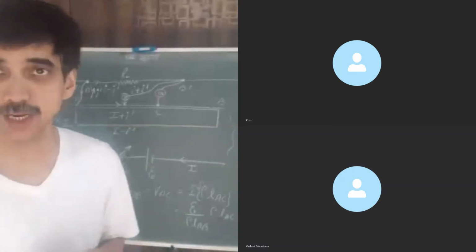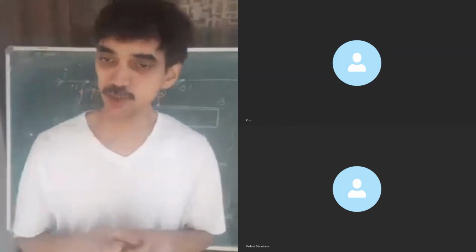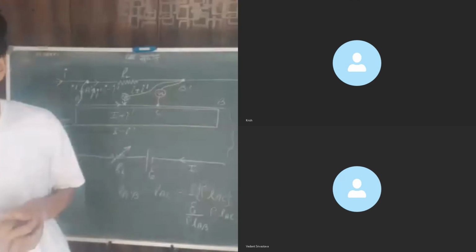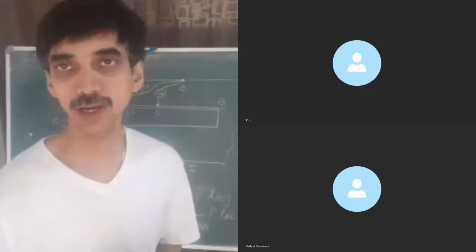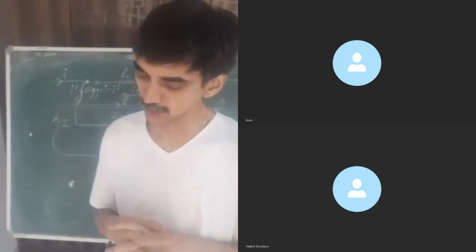Now, this is something which you should be very careful about. Why did I relate it with angular speed? Why am I relating it with radian per second? What is the umbilical cord between angular frequency and angular speed?